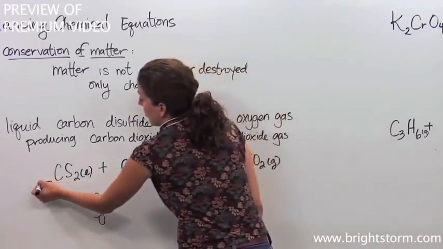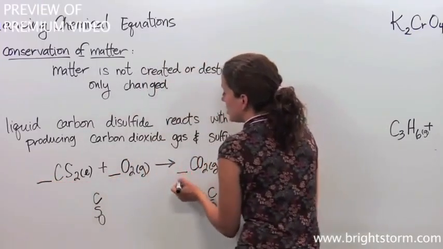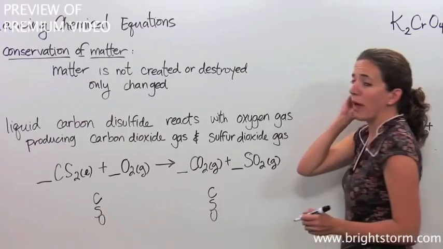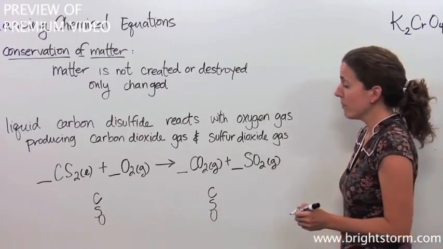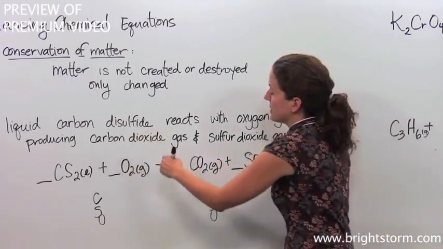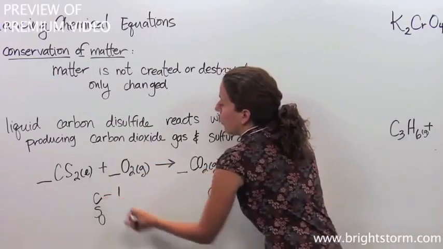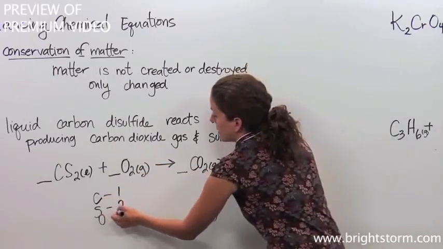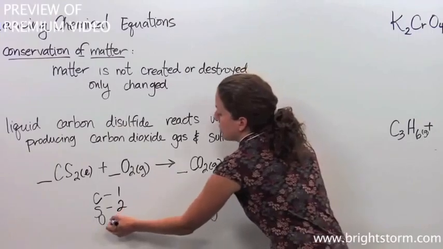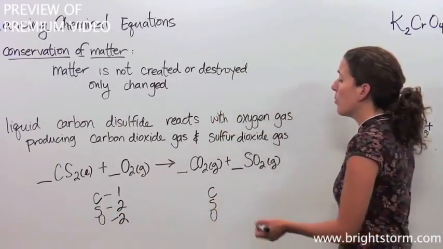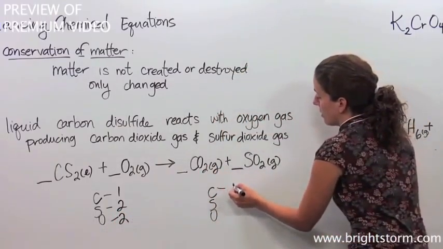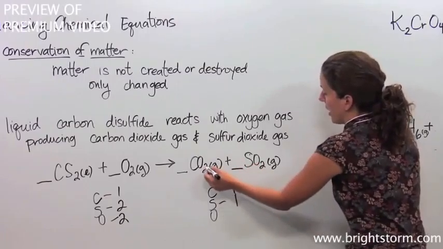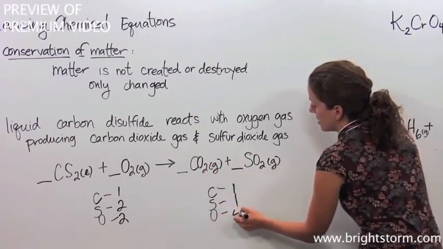So the only place I actually want to put numbers and make changes is the place before that. We call those coefficients. On the reactant side, we have 1 carbon, 2 sulfur atoms, and 2 oxygen atoms. On the product side, we have 1 carbon, 1 sulfur, and 2 plus 2 is 4 oxygens.